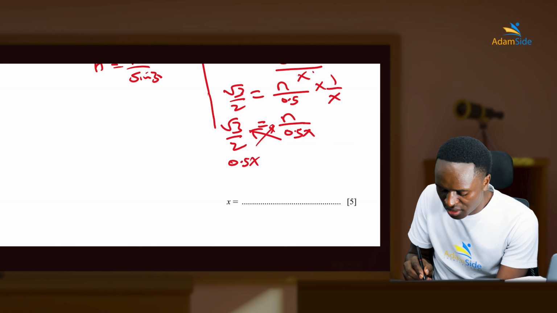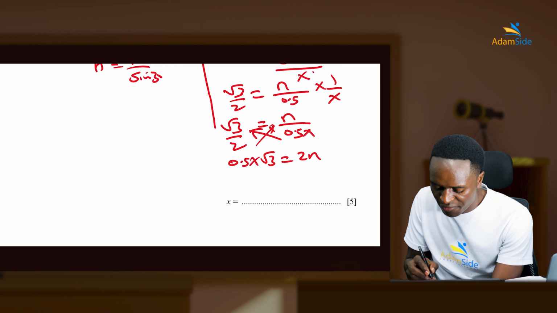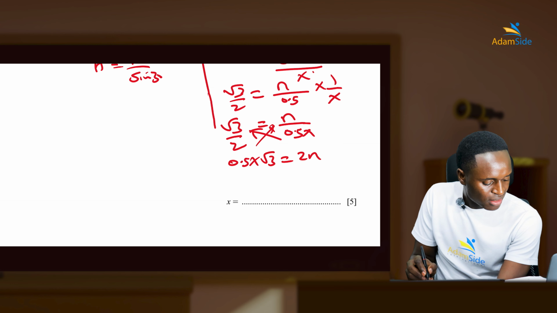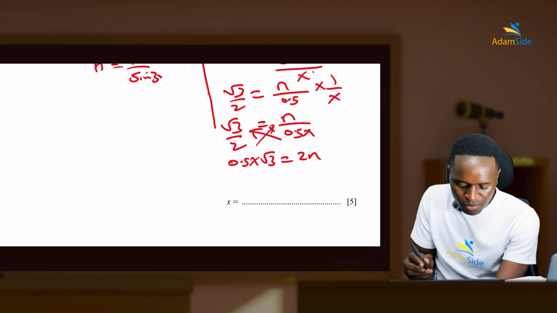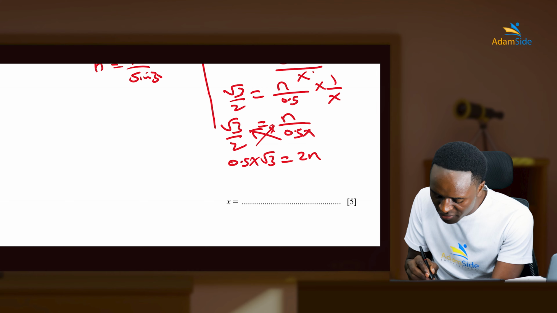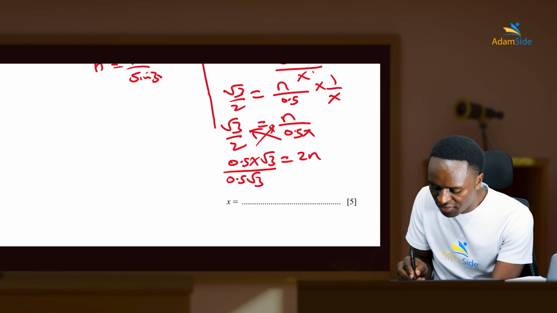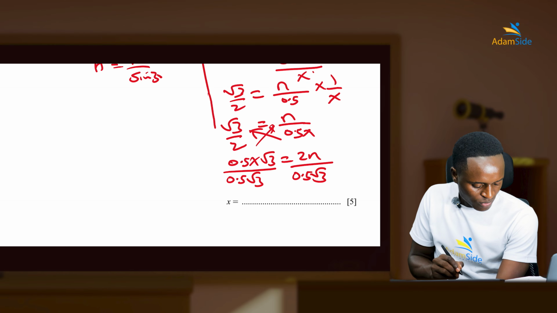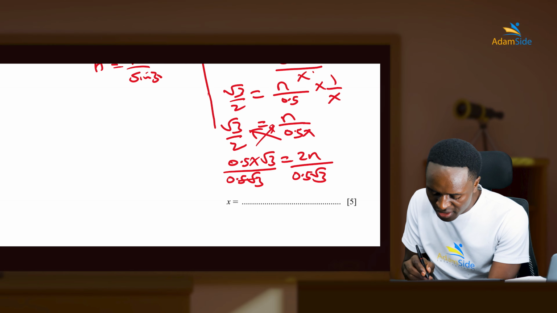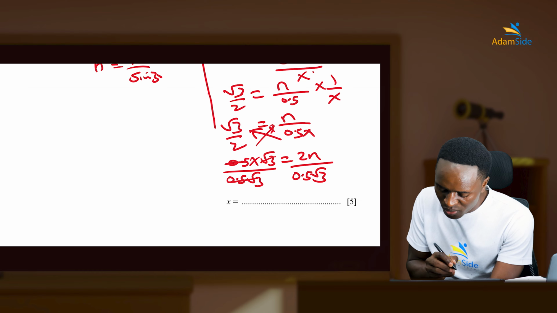So 0.5x root 3 is equal to 2n. And therefore, they say find x in terms of n. So you divide by 0.5 root 3 on both sides. When you do that, you cancel, and you remain with x.